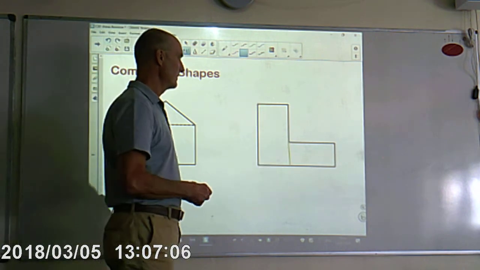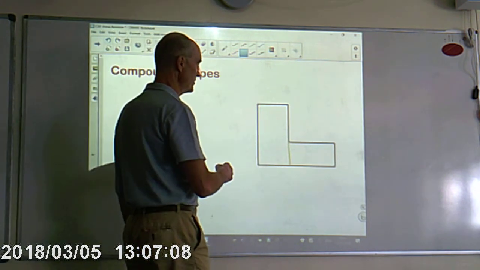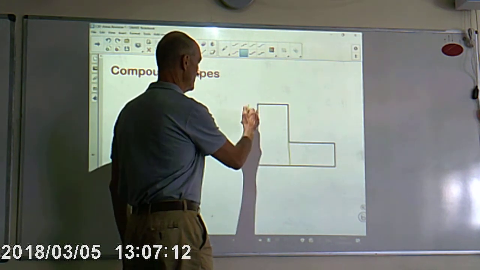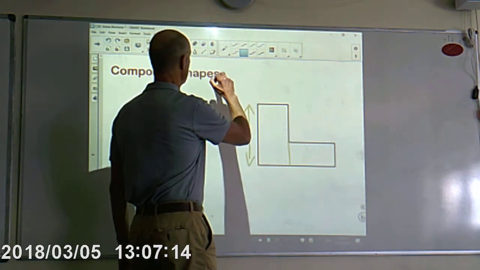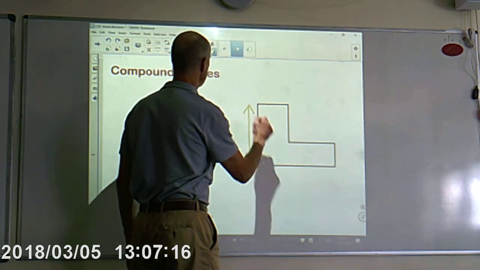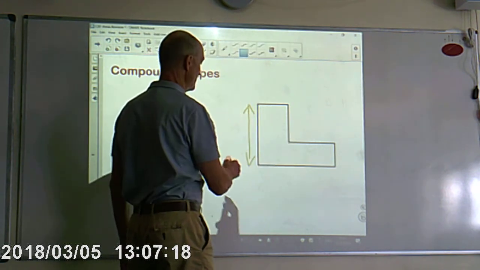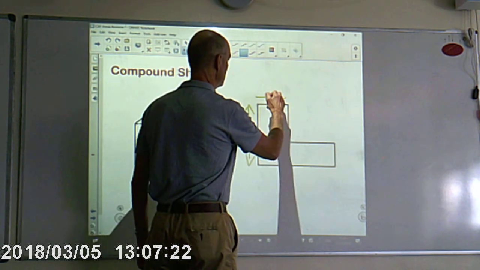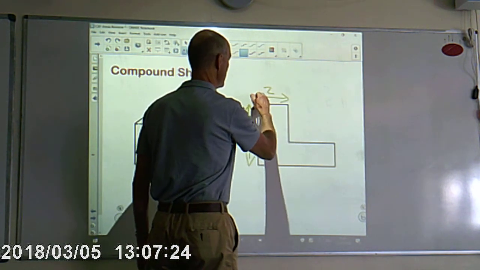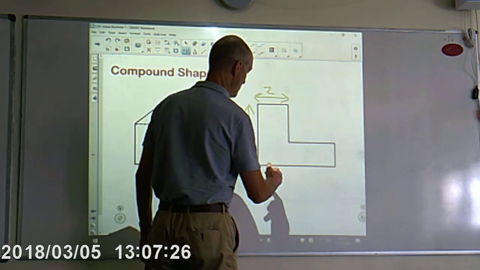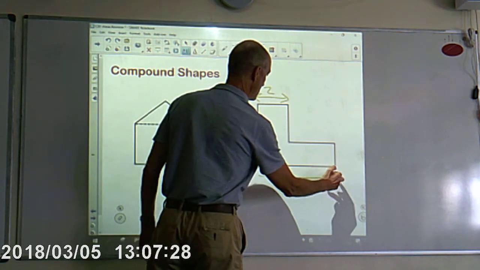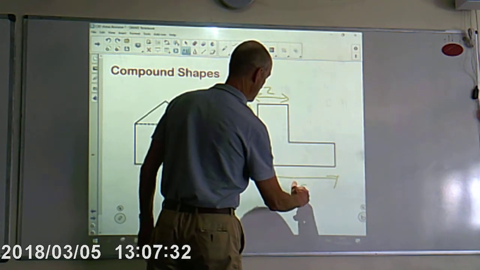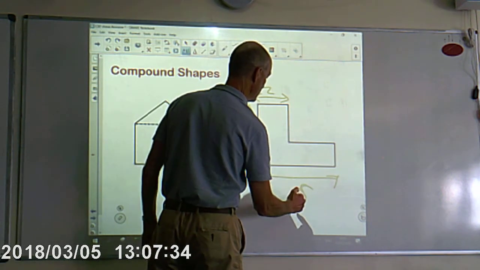So, in this L shape, for example, the examiner might give you that's 5 centimetres, 2 centimetres there, so that's 6 centimetres.